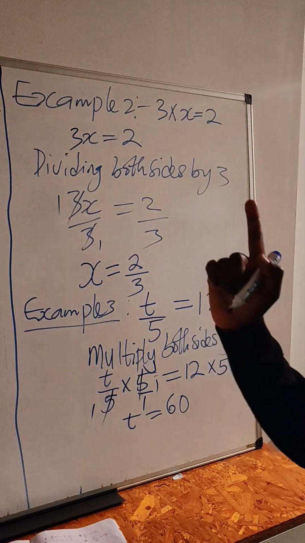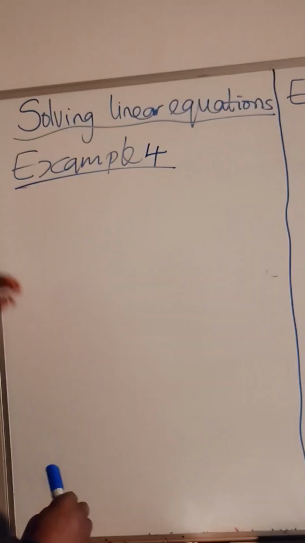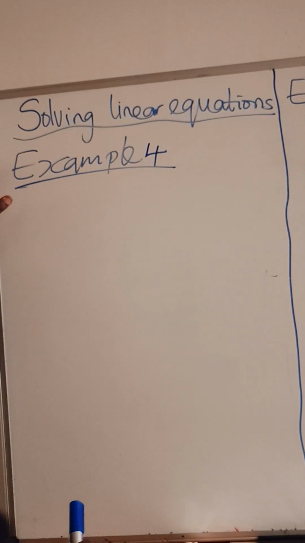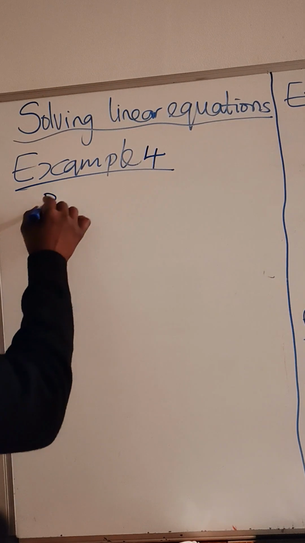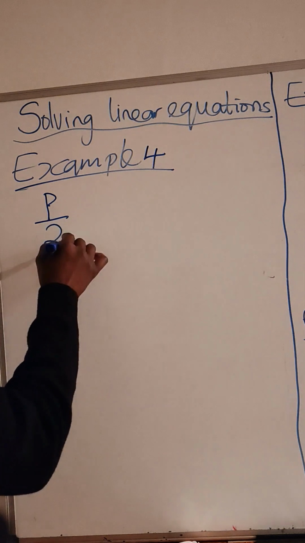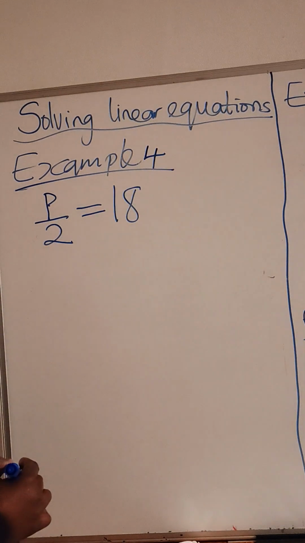I still have another example, which is the fourth example. The fourth example in this class is p divided by 2 equals 18.